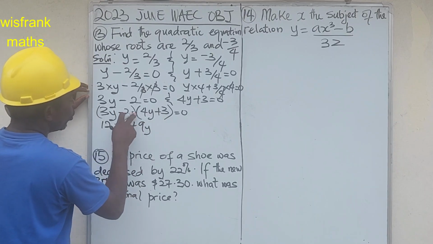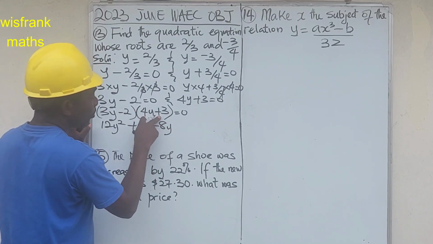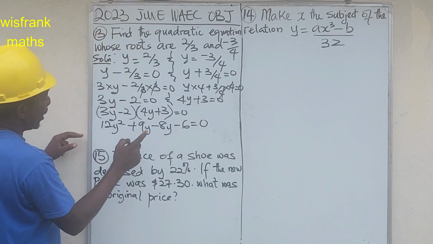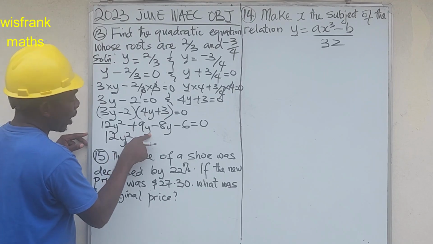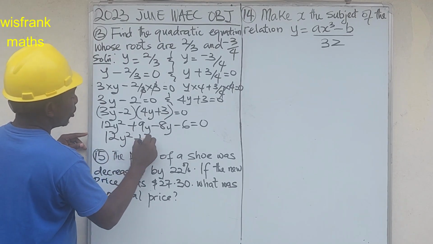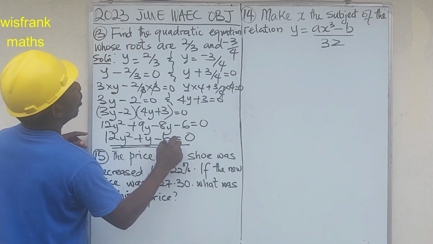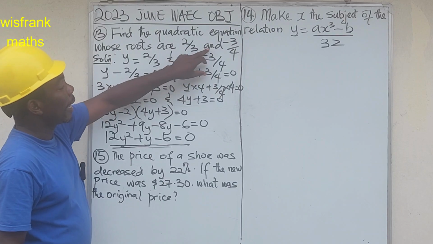We have minus 2 times 4y, we have minus 8y. We have minus 2 times plus 3, we have minus 6 equals 0. So here our equation becomes 12y squared plus 9y minus 8y, which is plus y, minus 6 equals 0. So this is the quadratic equation whose two roots are 2 all over 3 and minus 3 all over 4.